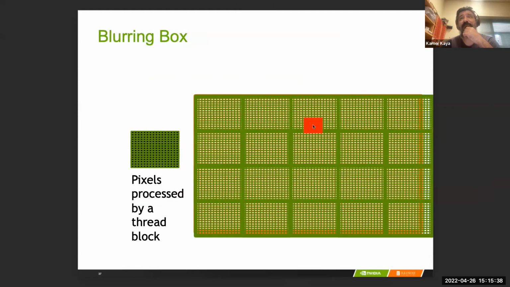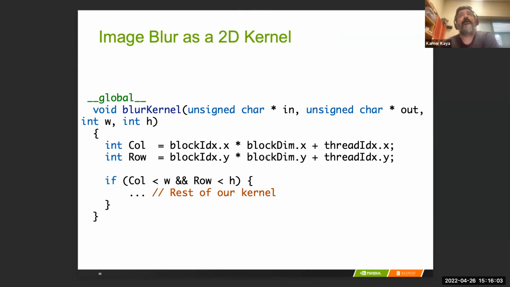So for this pixel, for instance, I will need the data for these pixels, and after that, I will sum them up, do something with them, and write the result back here. Again, the mapping is easy.